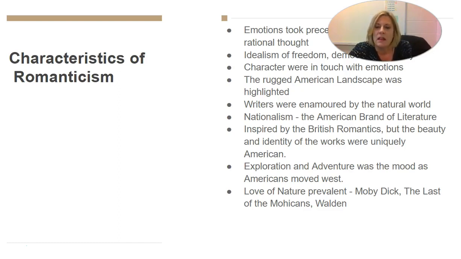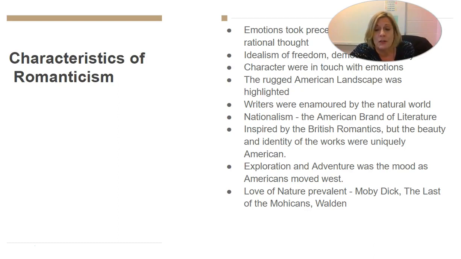The rugged American landscape was highlighted, and think about the rugged American that came out of that. Writers were really into the natural world. Nationalism was born, that American brand of literature. We were inspired by those British romantics, but you must know that the beauty and the identity of the works were uniquely American.